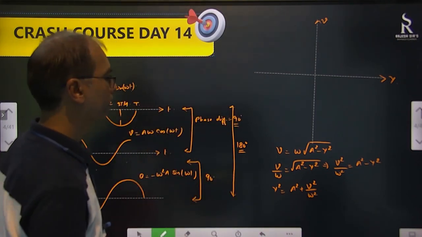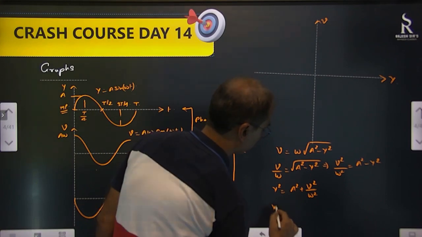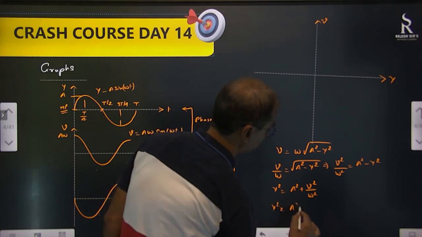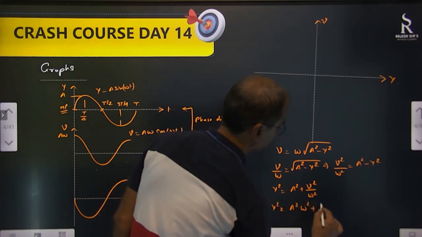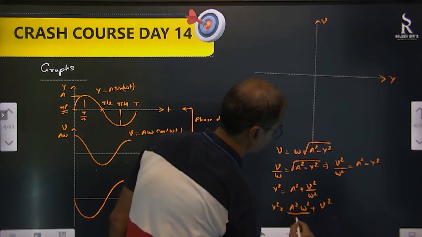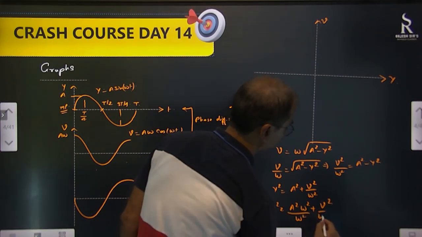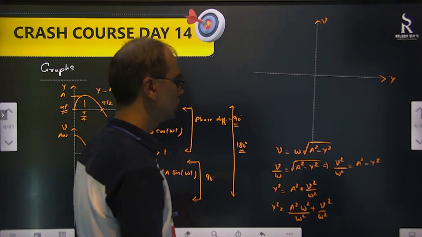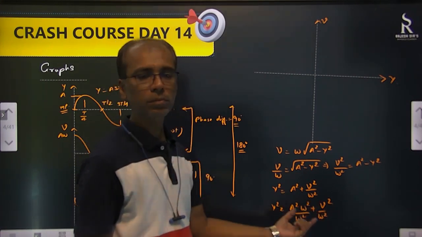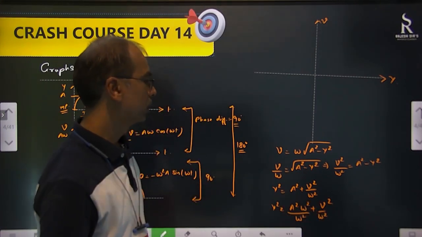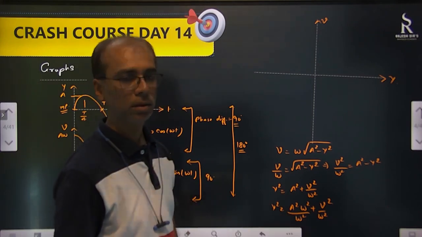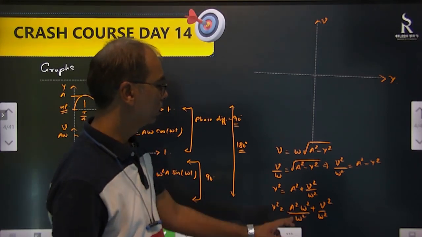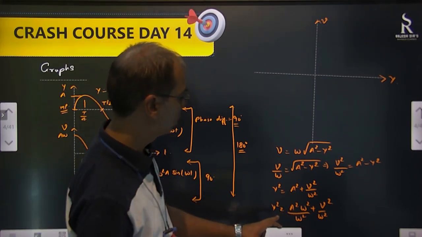Further, y square equal to a square omega square plus v square by omega square by omega square. So this is basically an ellipse equation. Right, can we take anything common over here?